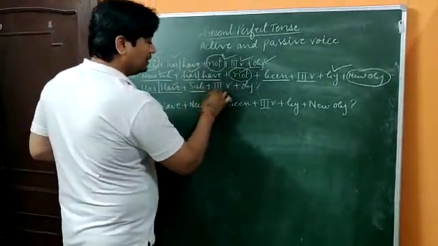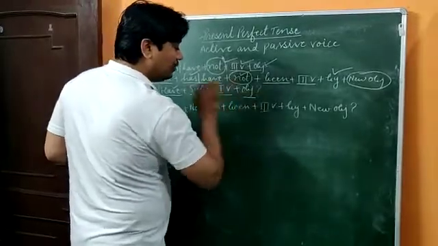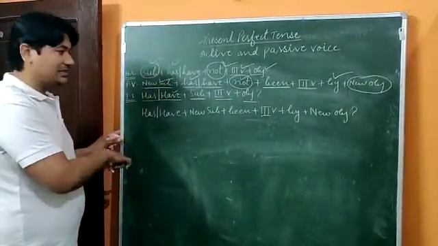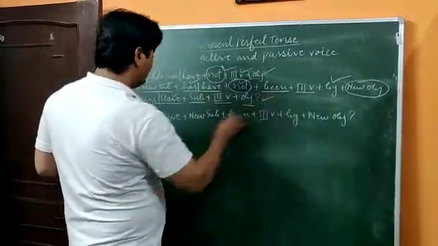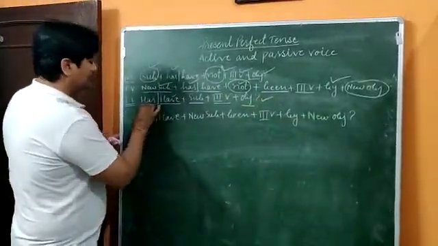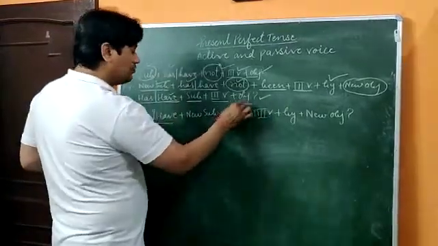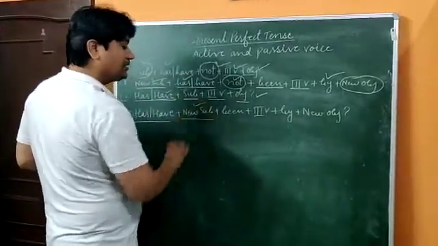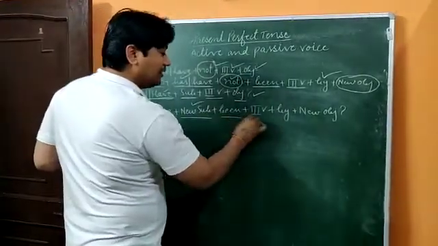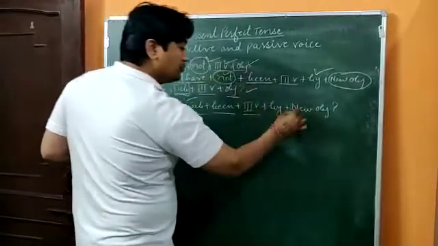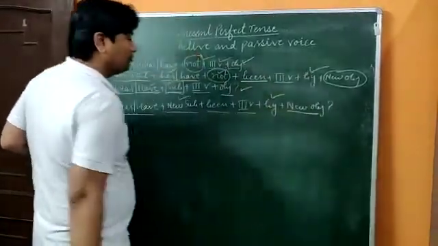Then subject, then third form of verb, and then object. When you will change interrogative sentence into passive, as it is interrogative, has, have will be used in the beginning, and then this object will become new subject, then been, then third form of verb, and then this subject will become new object. Before that we are to use by.